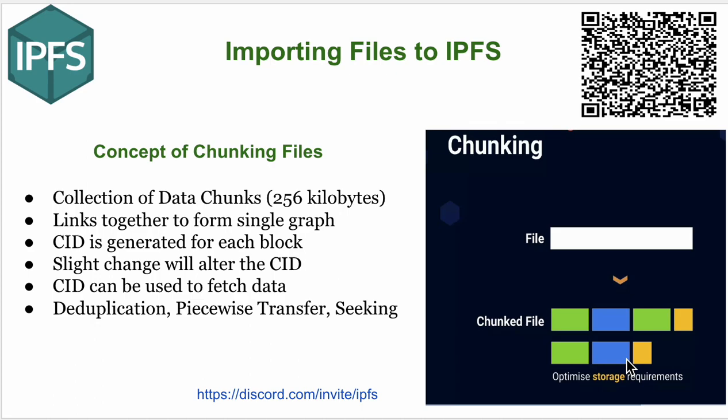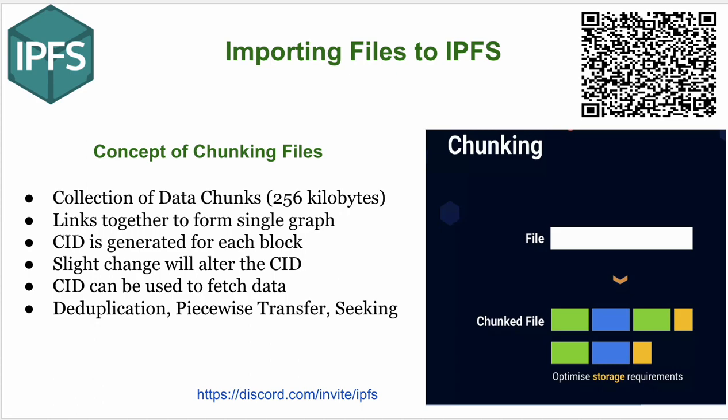So after breaking the file into chunks, these chunks are linked together, and a CID will be generated, and using that CID, you can access that particular file. That is the root CID.